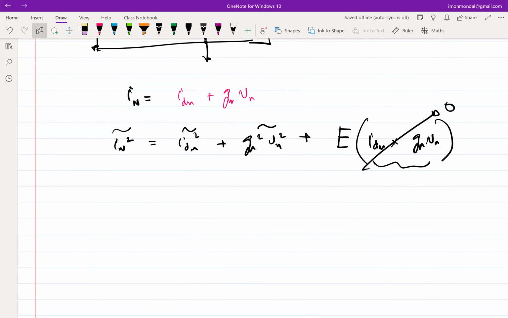That eases our life, because whenever you're finding any noise due to uncorrelated events, you write out the expressions and only square the individual terms.